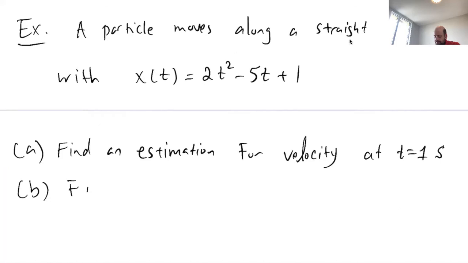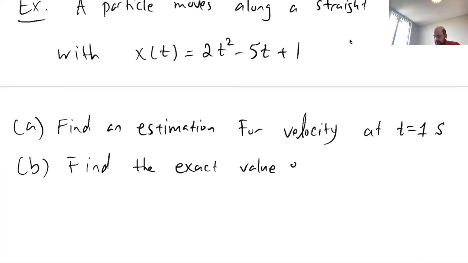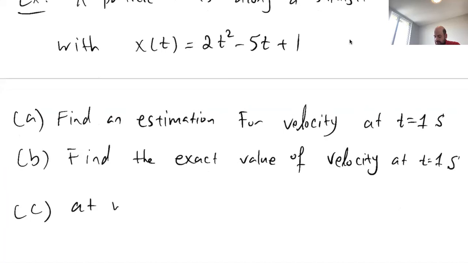Part B: find the exact value of the velocity at t equals 1 second. And part C: at which time does the velocity become 0?